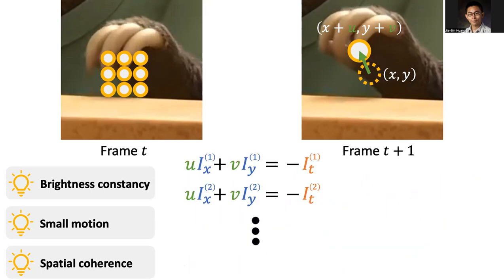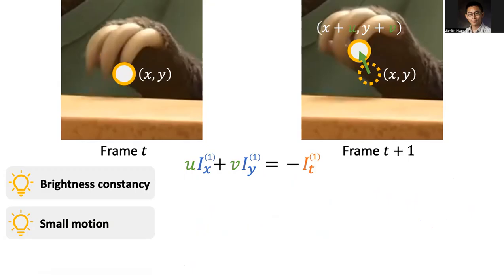If you only look at one pixel, based on the knowledge that this pixel will have the same color at the xy location and the x plus u, y plus v location in the next frame, you get this equation.